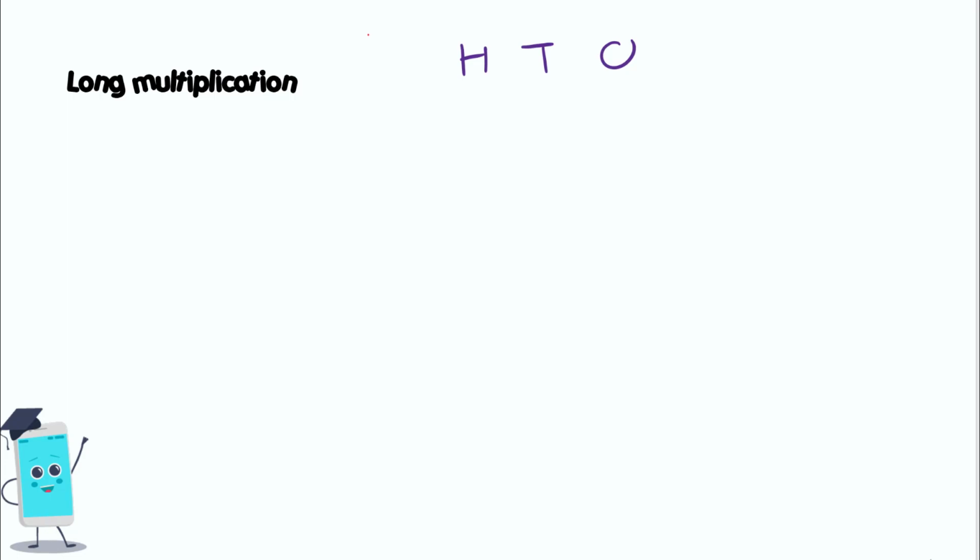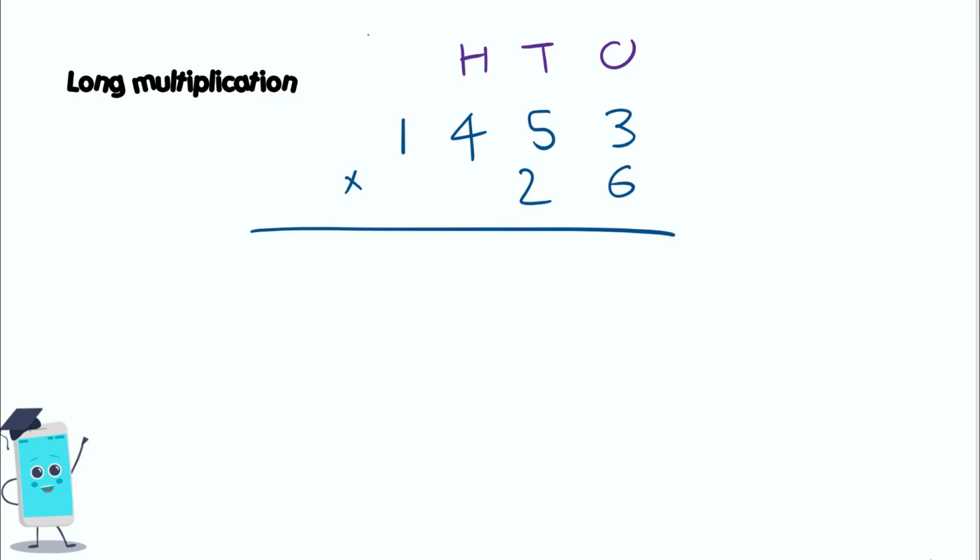And I'm actually going to do, let's do a 4-digit number. 1,453, and I'm going to times it by 26. Okay, so I need to put another place value heading in. So this is 1,000.